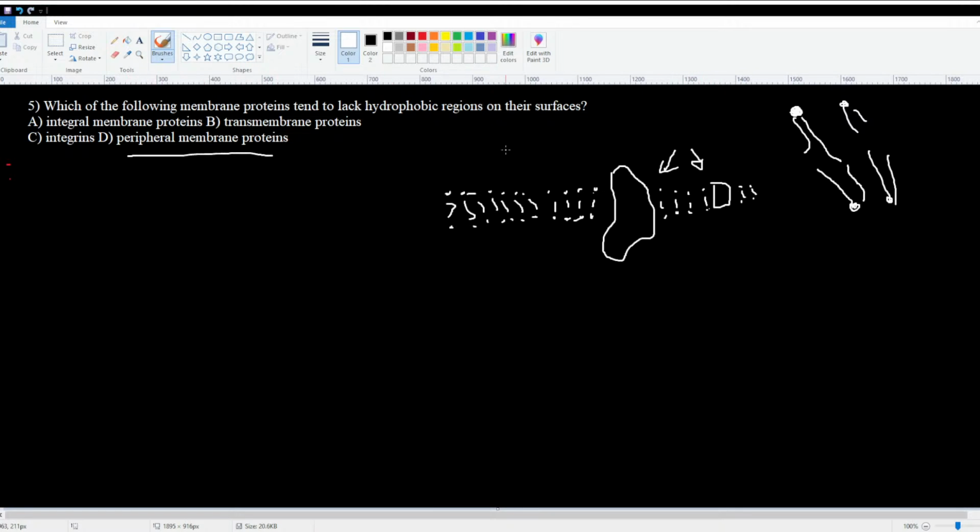How about peripheral membrane proteins? Peripheral membrane proteins kind of look like this. They kind of hang out on the polar head of the bilayer. So they're not integrated within the membrane itself, but they kind of hang out on top. I'm going to draw an orange that's kind of glued onto there.